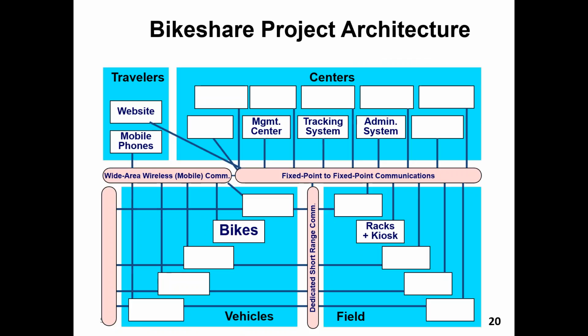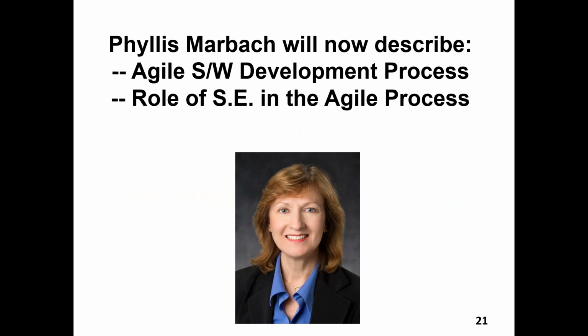This is the architecture for that bike share in the ITS framework. So she's going to first describe the software, and then the whole of the system, and how Agile development is a little different from the traditional. With that I'll turn it over. Thank you.